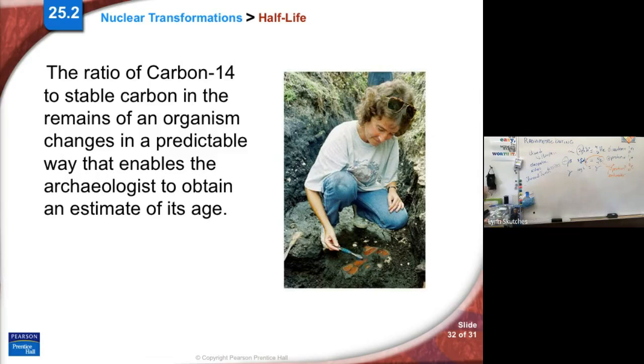It was also used to verify the age of the Dead Sea Scrolls. They were found in some pottery jars in a cliff near the Mediterranean somewhere. And indeed, they were dated to be about 2,000 years old. So there are some interesting things that they've used carbon-14 for.